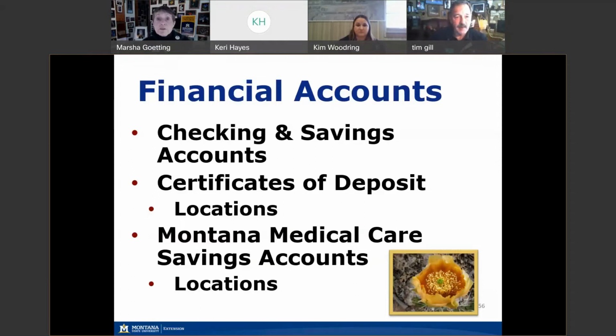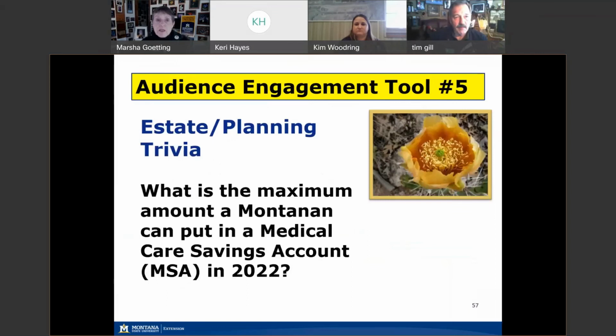Okay, that means that you are setting aside a certain amount of money every month, or the year, saving on taxes, but also that can be a legacy for your spouse, your children, and your grandchildren. So here's my estate planning trivia question.